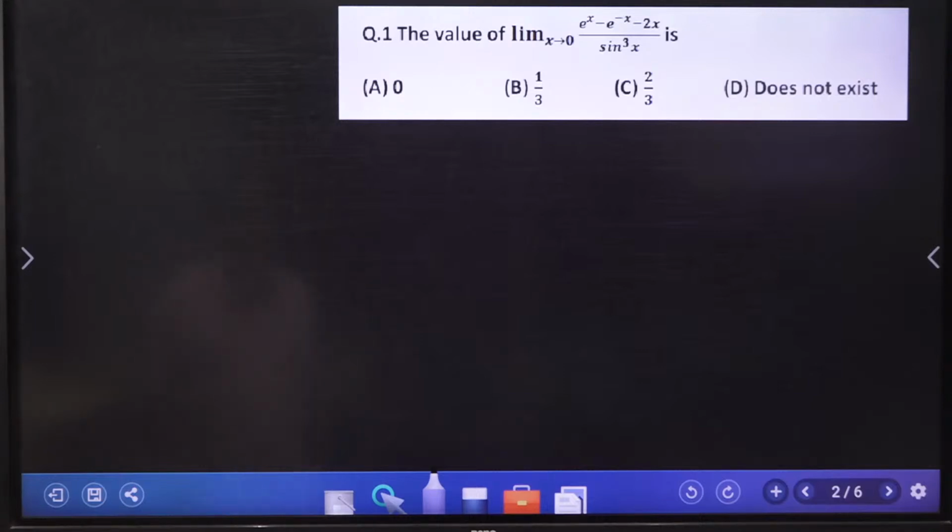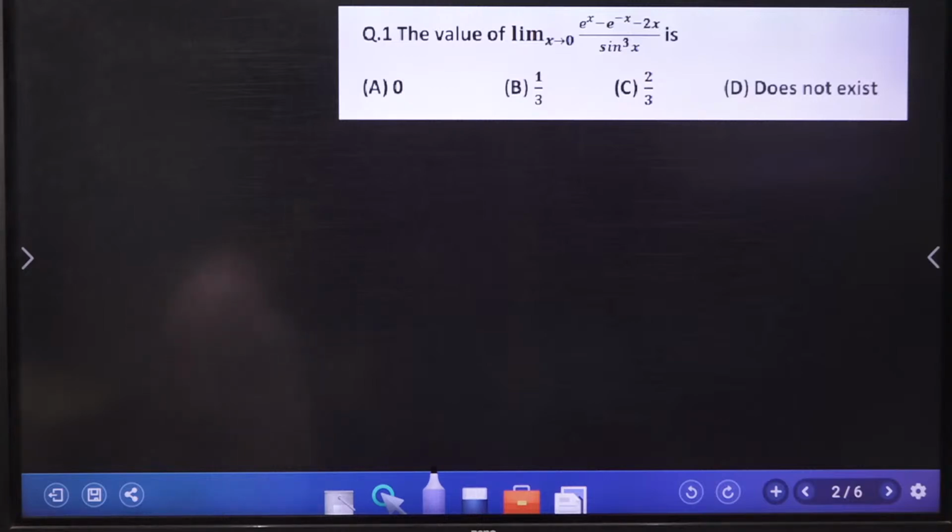What is the answer to this problem of limit? Please solve and tell me the answer in the chat box. I am giving you sufficient time to solve the problem.